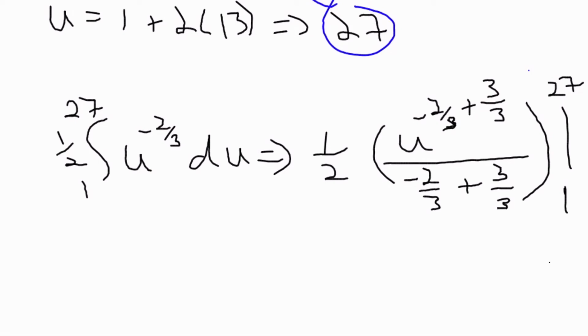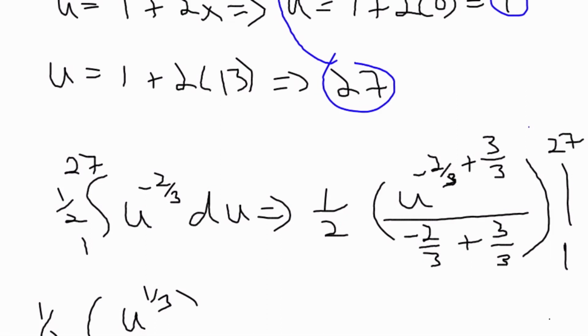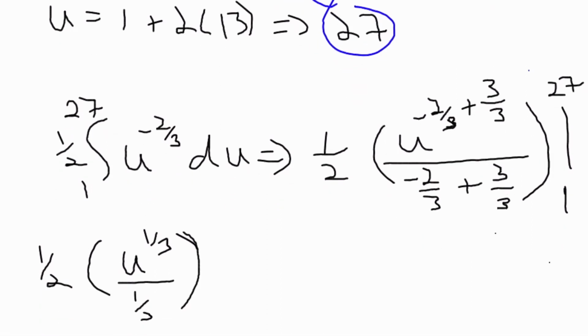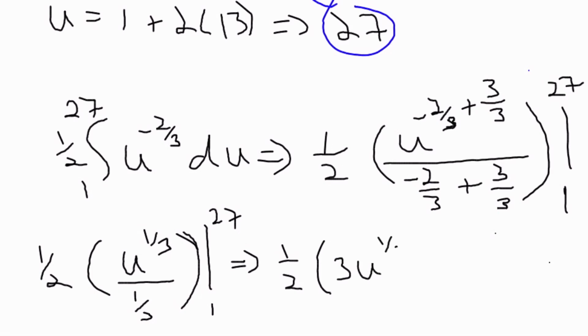Okay, now we just have to apply the addition. Now this is u to the 1/3 divided by 1/3. Now when you're dividing by the fraction, I'm going to get 3 u to the 1/3 power from 1 to 27.